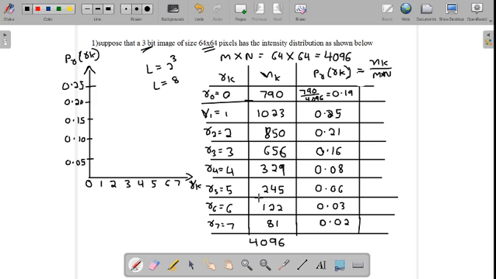0.25. Clear with that? So we'll be calling this the original histogram.